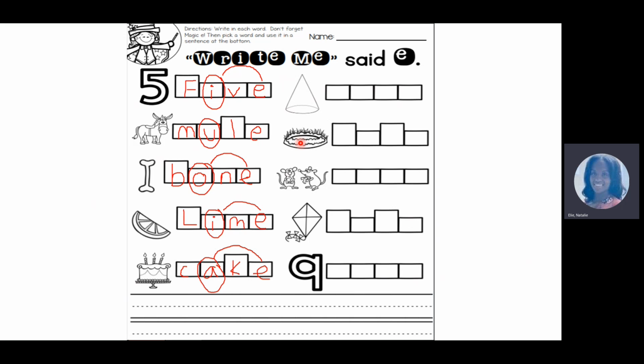The next word is whole. Whole. That O is saying its own name. So that means that at the end of this word, there should be a magic E. The next word is mice.